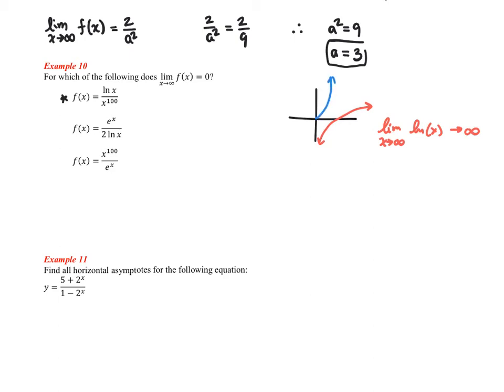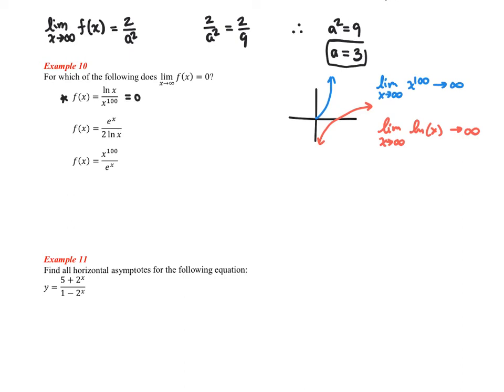And the limit as x approaches infinity of x to the 100th also goes to infinity. However, x to the 100th's rate of change as x increases without bound is much more powerful and overwhelms ln of x. Therefore, this would head towards 0.